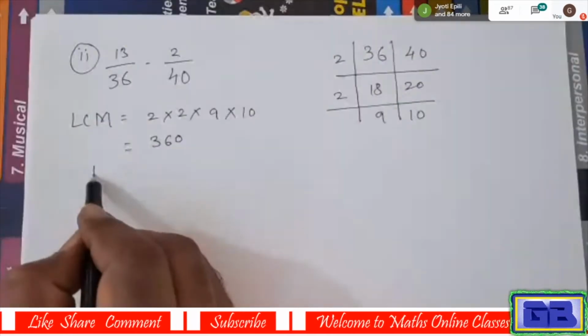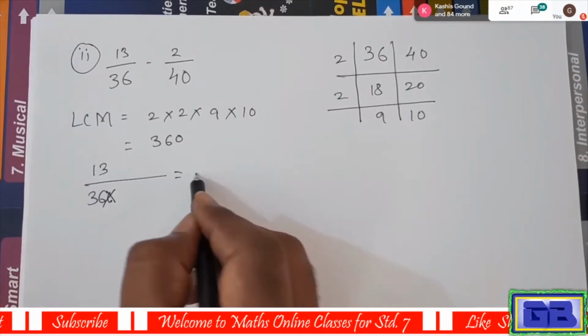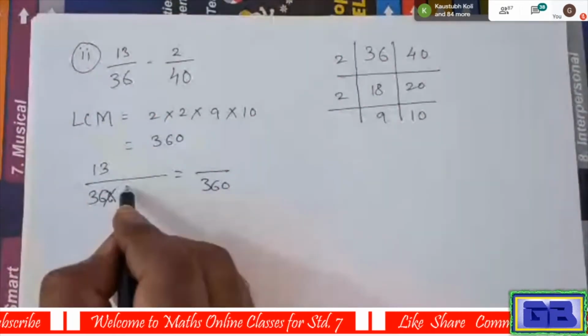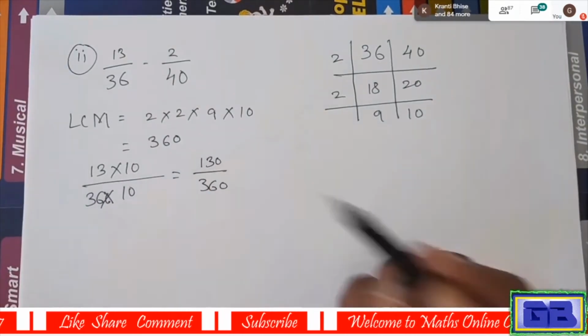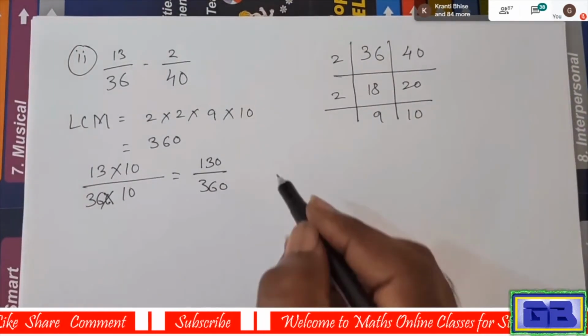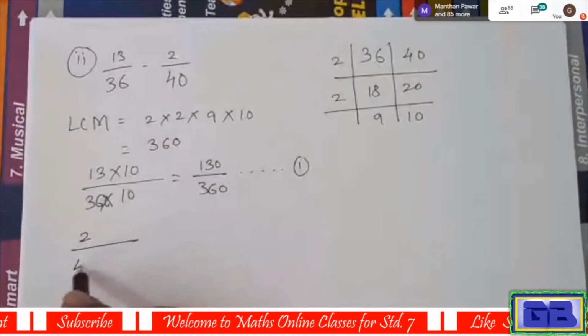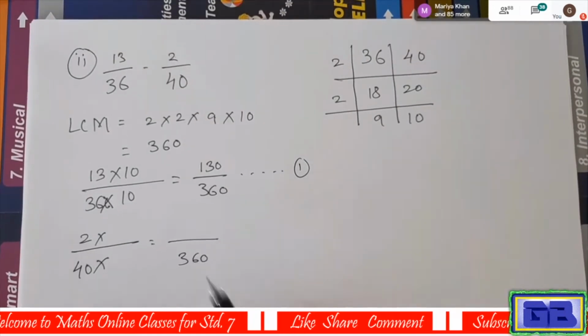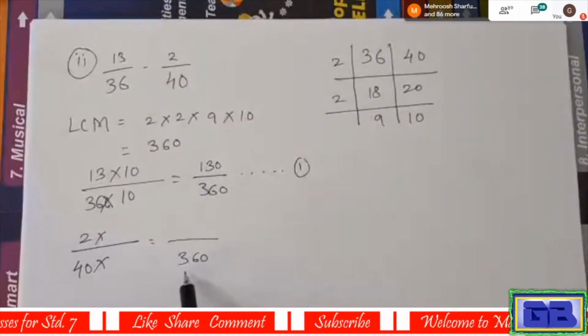Now 13 upon 36, multiply by what to get 360? Multiply by 10. Here also 10. 13 into 10 is 130. This will be number 1. Now take this 2 upon 40 here. We need 360. So now tell me, 40 multiplied by what? 9, sir.